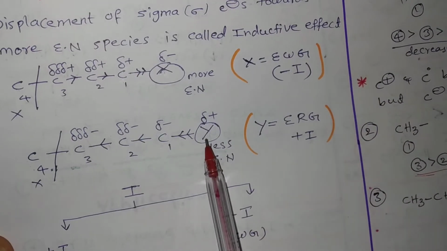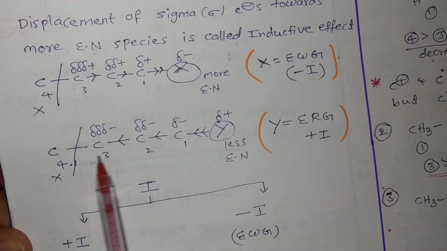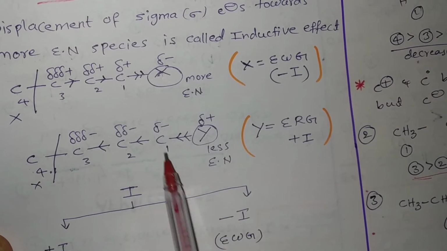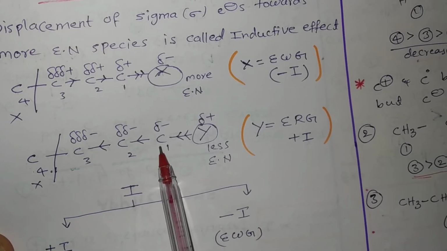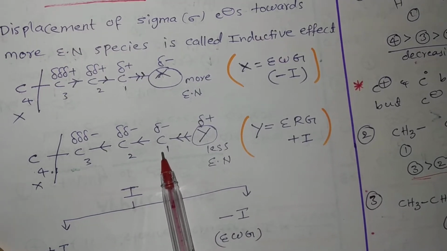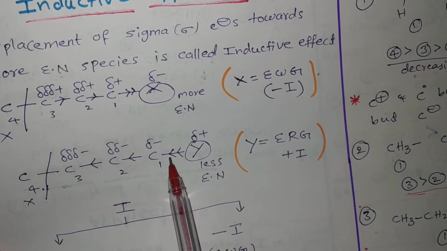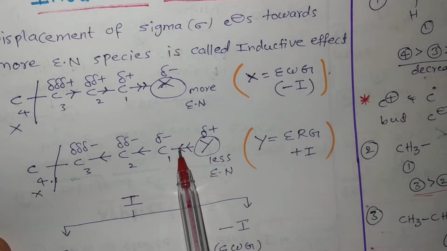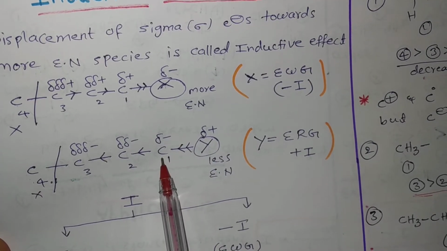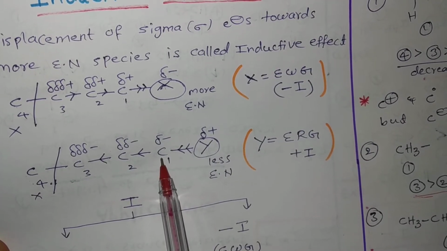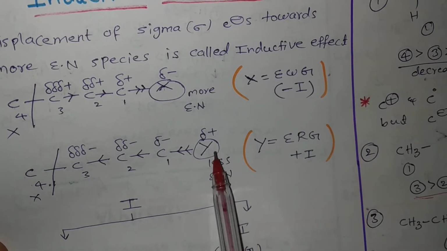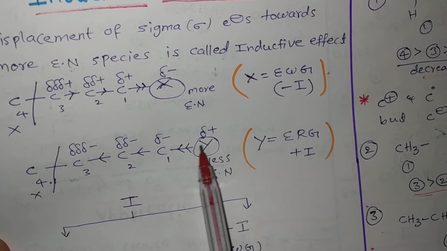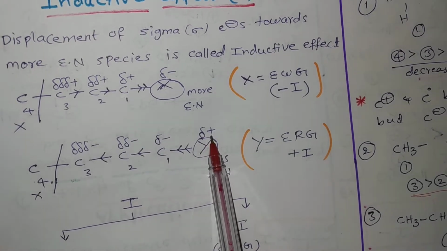If a Y element is attached to the carbon chain, Y has less electronegativity than carbon, and the carbon has more. A sigma bond is present between the carbon and Y, so the sigma electrons are attracted by the carbon because it is more electronegative than Y. So the carbon has a partial negative charge and Y has a partial positive charge.